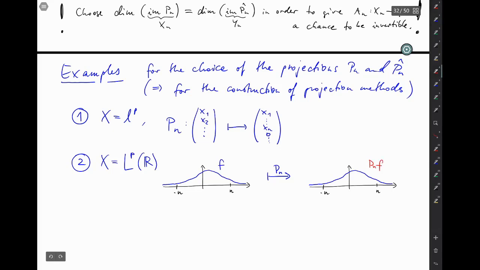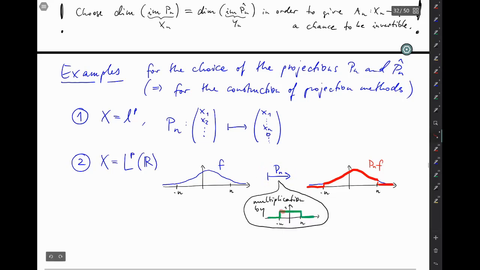It is the blue function between -n and n, and it's 0 outside. You could simply say that the operation that's happening here is multiplication by the function that is 1 between -n and n and 0 outside.